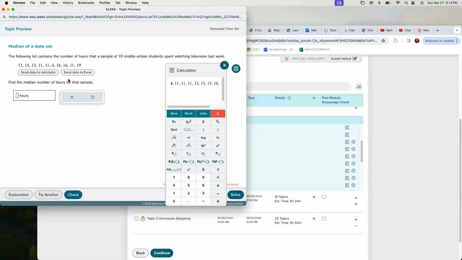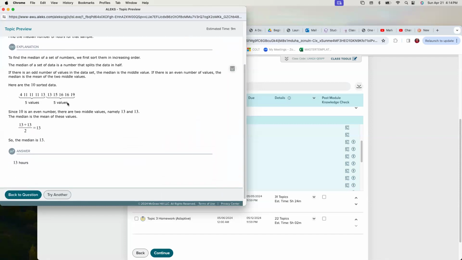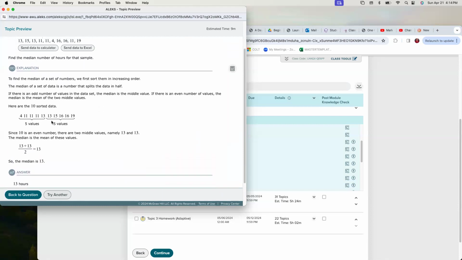Now, remember, we said the median, if you read up on that in the textbook and in the examples of the problems, or you can use this explanation button here. It'll show you how this is calculated, and there's an explanation.